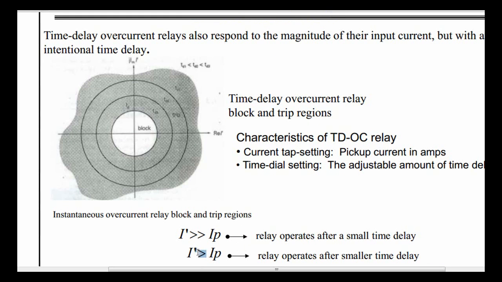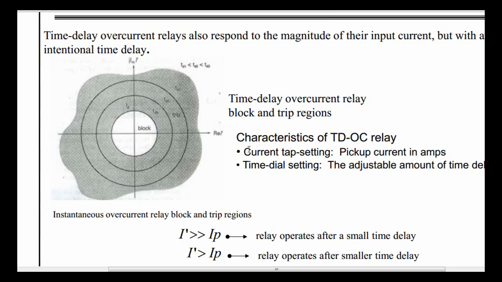And if the secondary current is greater than the pickup current, but its magnitude is like 3 times or 2 times the full load current, then the relay will operate with a longer time. So this characteristic is known as time delay overcurrent relay.